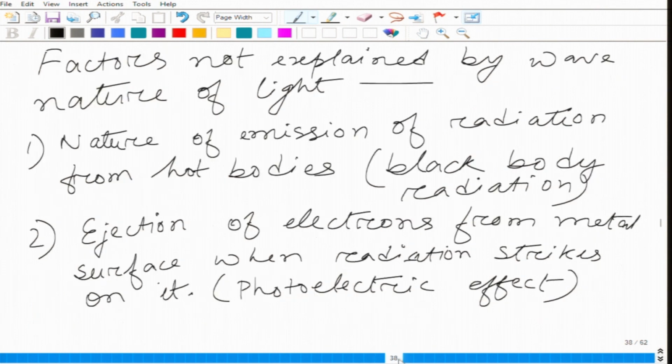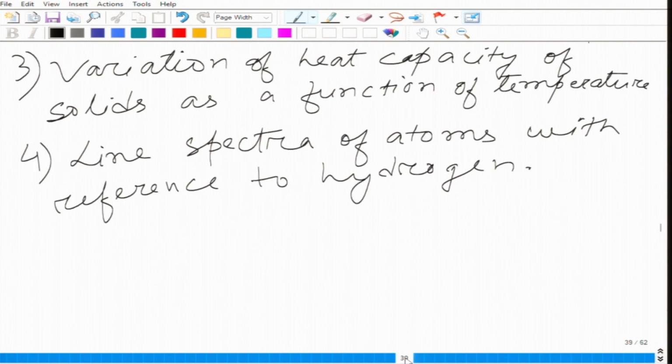So, these were the four factors: black body radiation, photoelectric effect, variation of heat capacity, and line spectra of atoms. These were not explained by wave nature.